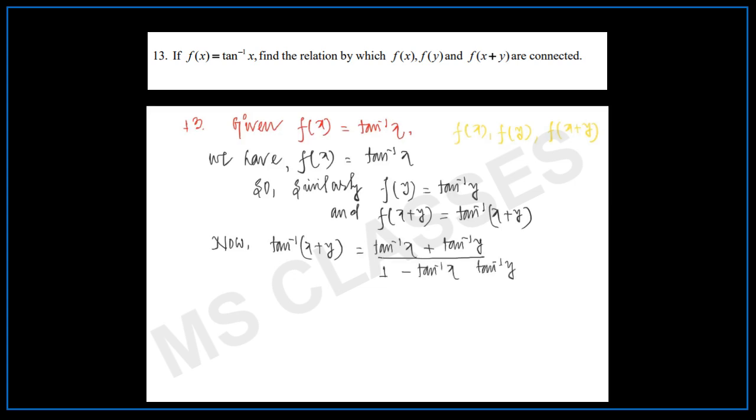Now here we just substitute the values which we have got here. So that gives us f of x plus f of y by 1 minus f of x into f of y on the RHS, and on the LHS also, if we substitute the value of tan inverse of x plus y, we get this is the relation between f of x, f of y and f of x plus y, and that is the required relation.